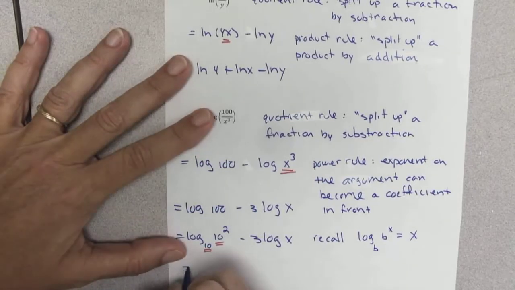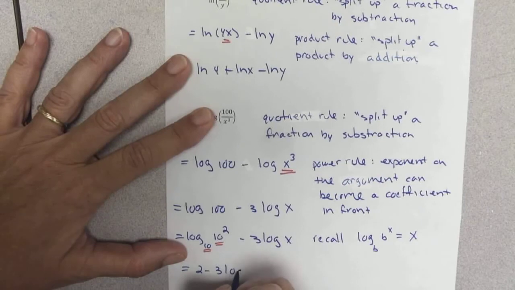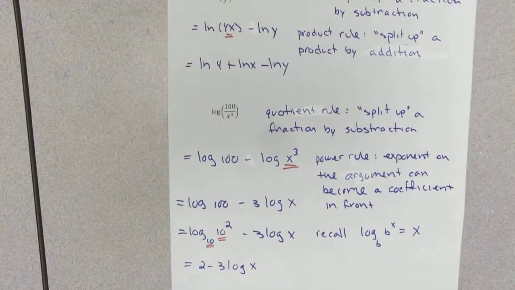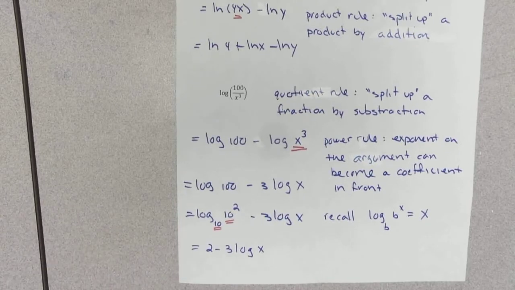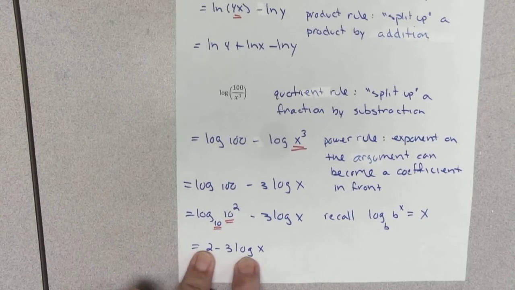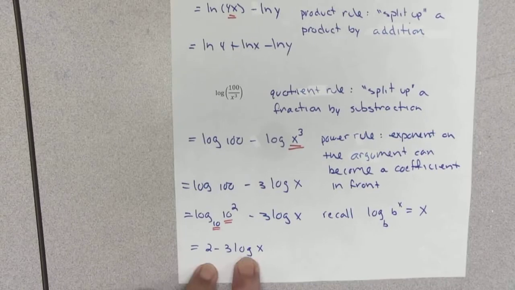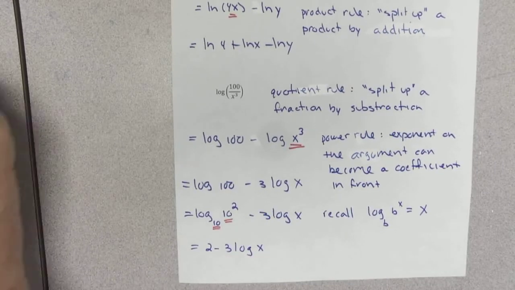And so this becomes 2 minus 3 log x. And that is the answer. This is not 2 minus 3 negative 1 log x. These are not like terms, so I can't do anything else. This is the answer.